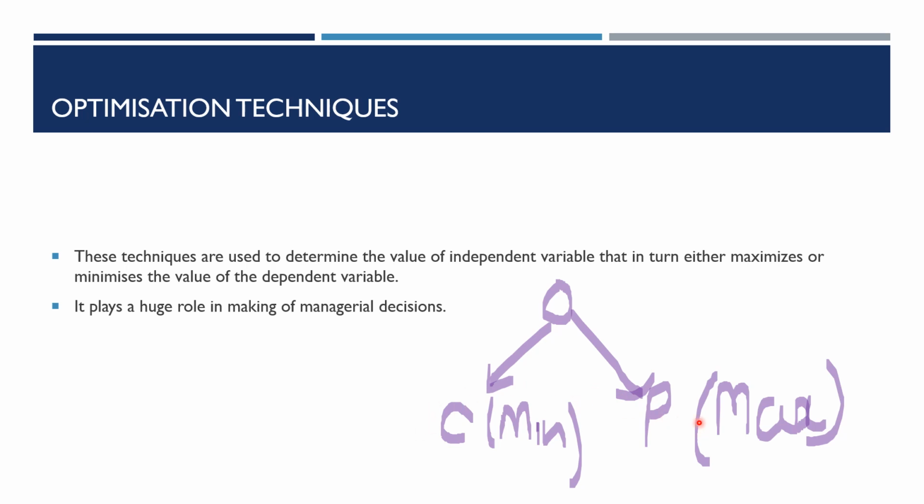These are techniques used to determine the value of the independent variable that in turn either maximizes or minimizes the value of the dependent variable. By maximizing profit, you find out what the output is. By minimizing the cost, you find out what the output is. This is called the optimization technique, in which you find the value of the independent variable by either maximizing or minimizing the dependent variable.